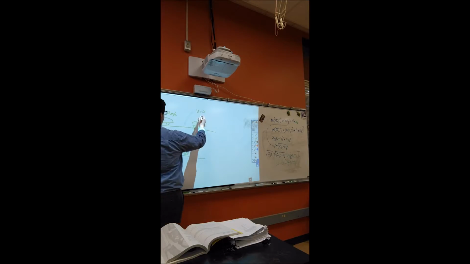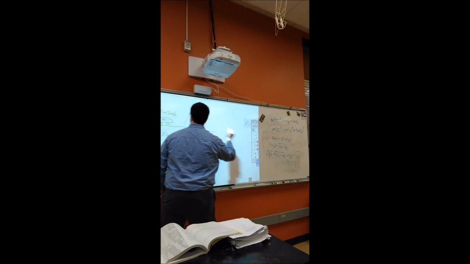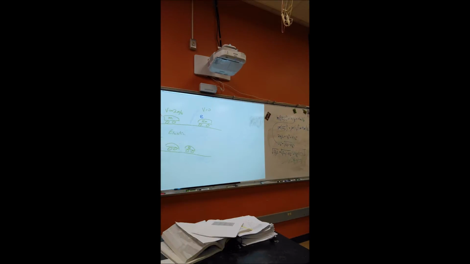We'll say that B has 4 times the mass of A. Right, so B has 4 times the mass of A. When they collide, what is the velocity of A? So, let's go solve this really quick, and then I'll let you guys get out of here.